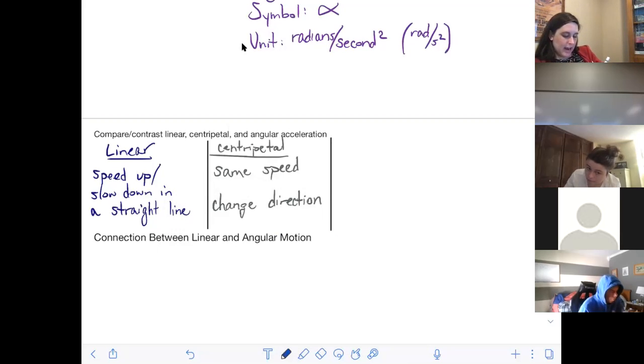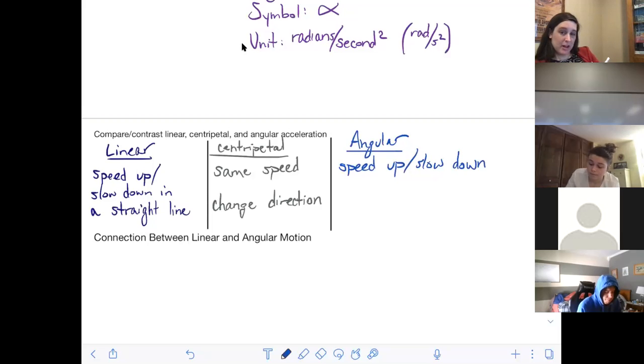And then lastly, angular acceleration. Now with angular acceleration, we are back to speeding up or slowing down, and this is describing when that speeding up or slowing down occurs in a circle. So we have some things that are similar.